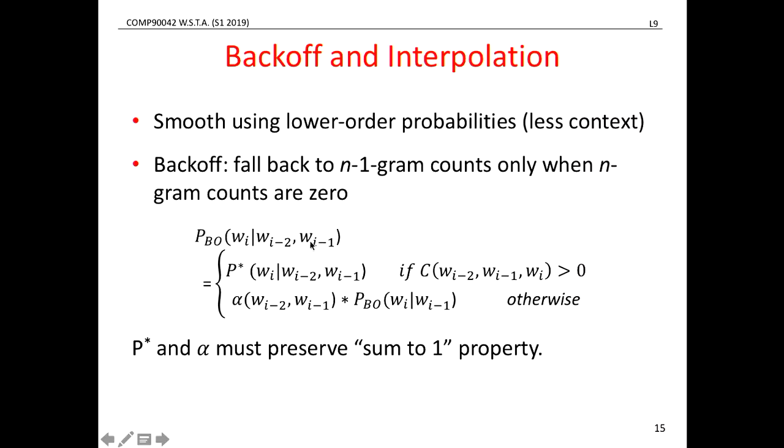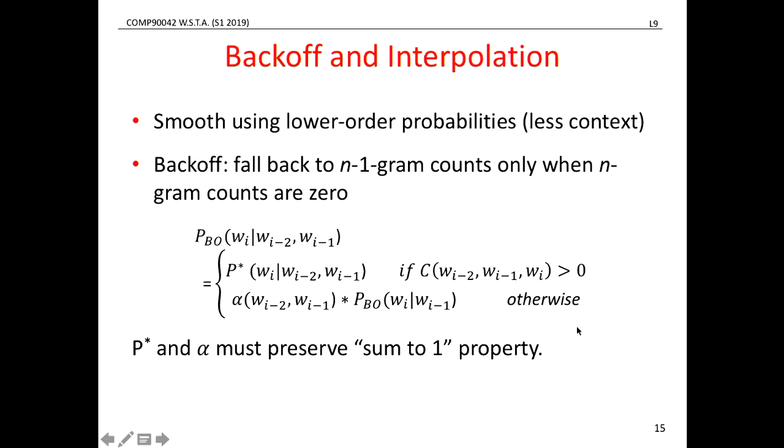So this is our trigram model, and we've put BO as a subscript here just to indicate that it's a back-off model. The trigram model for back-off basically says, well, if we've seen the event in question, this trigram, and it's got a count that's non-zero, then we're going to use its standard maximum likelihood estimate with a little star, and I'll come back to the star.